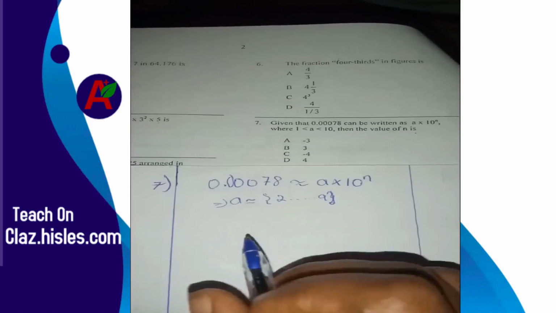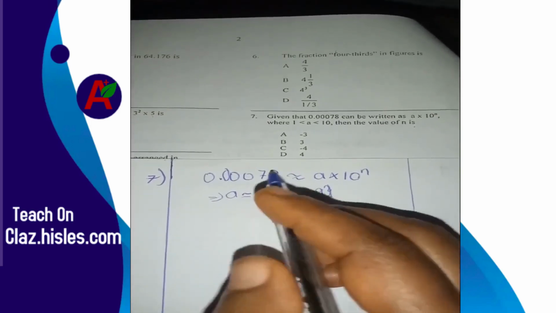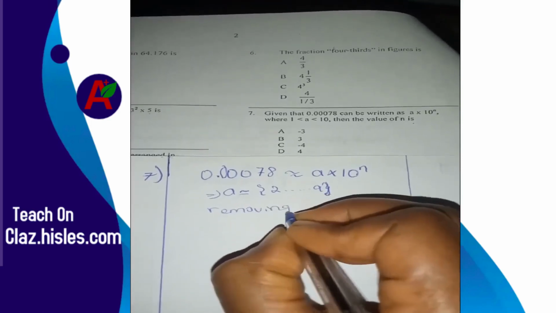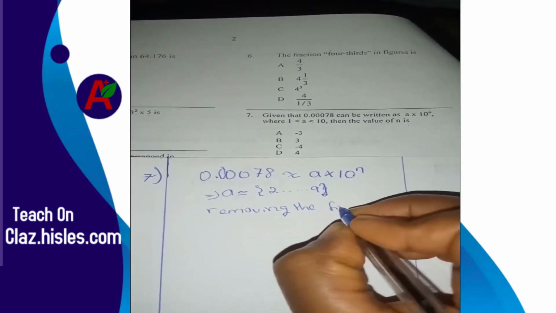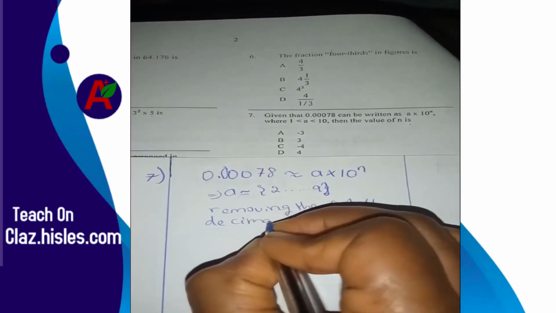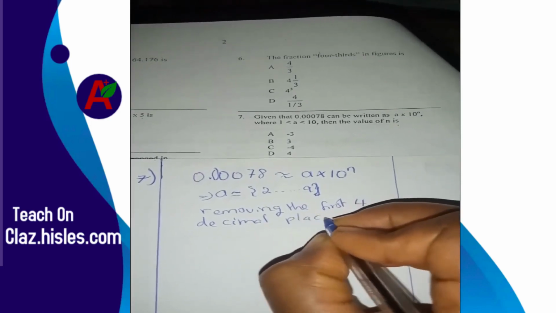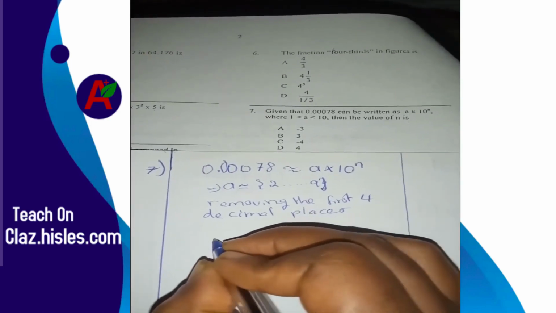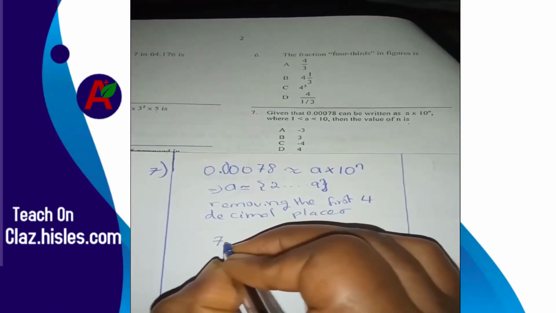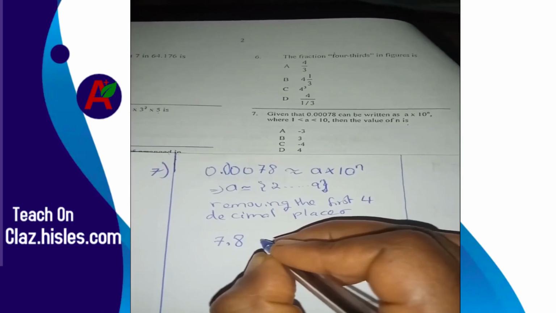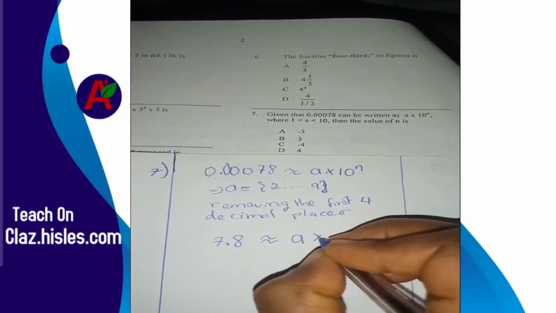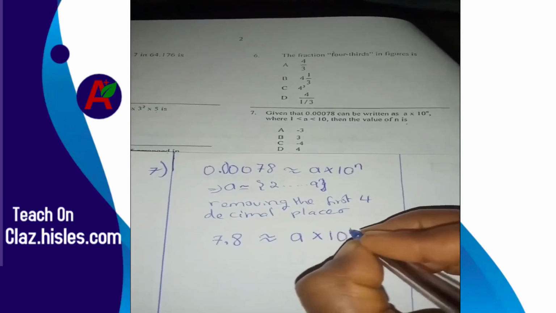So removing the first 4 decimal places, our new value is going to be 7.8, approximately A times 10 to the n.